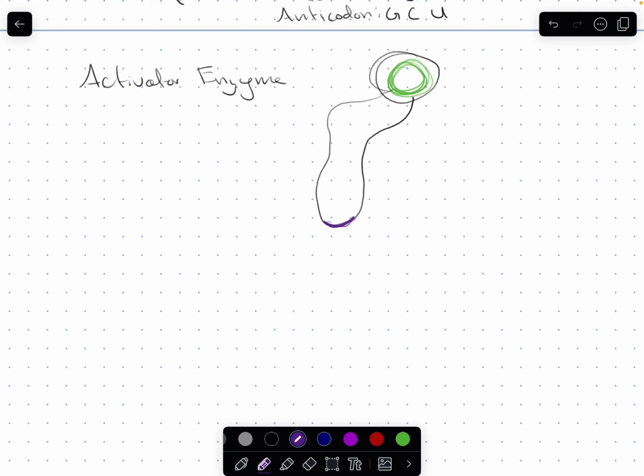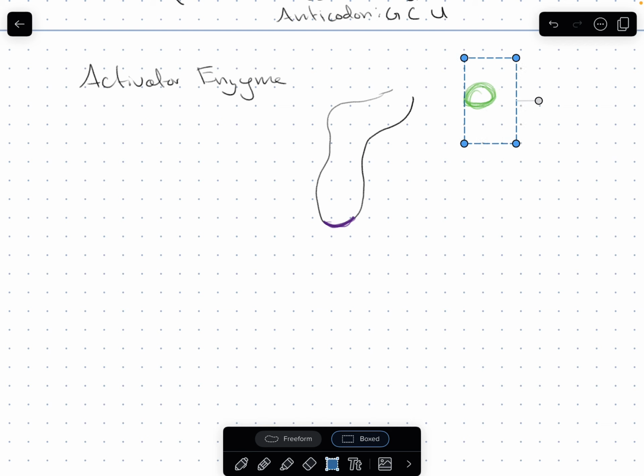And so your activator enzyme is what is used to take a little amino acid that's out there and match it to the proper tRNA that has the proper anticodon that will code for it.